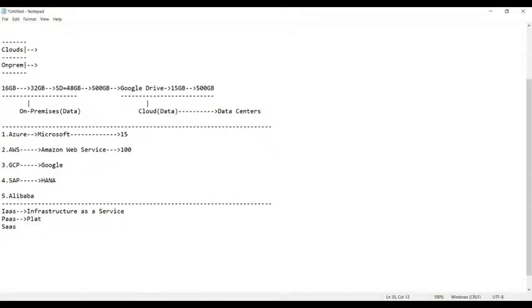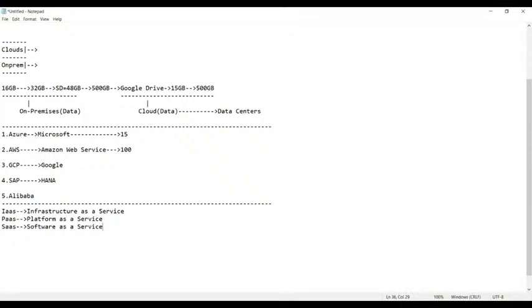And the third one, SaaS, stands for Software as a Service.